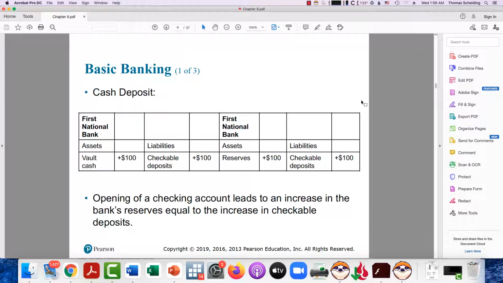What that does in the first moment is it creates an asset and a liability of the same amount. The asset would be that the bank takes that $100 in cash and puts it in its vault. That's the asset side. And then the liability is increased by the exact same amount, because now I, the person who found the money, have a checking account statement that shows $100 more.